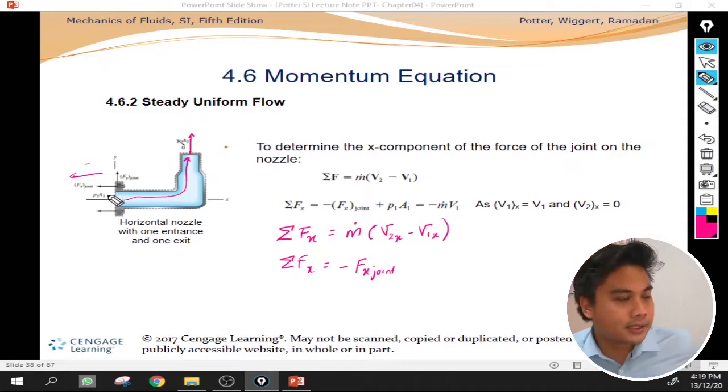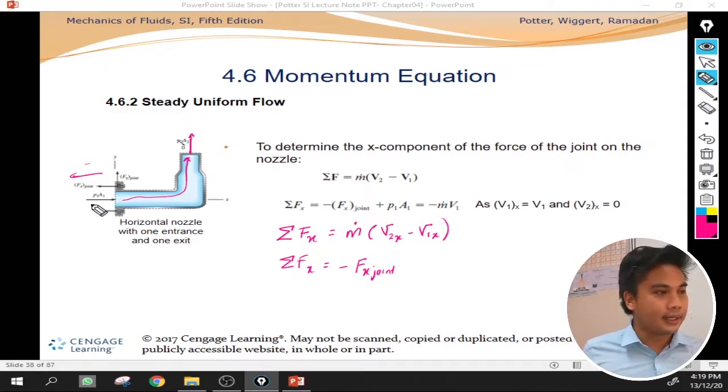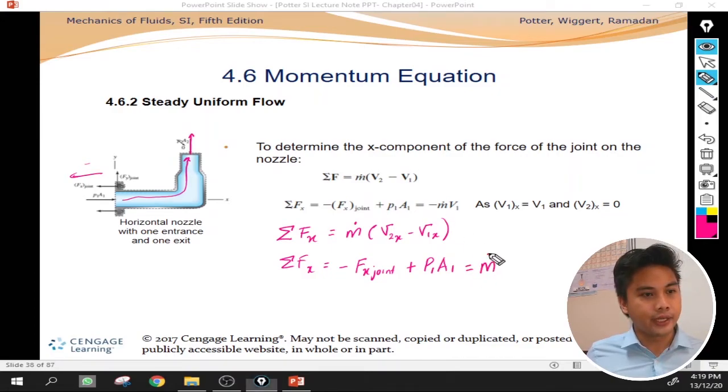This force is basically going to the right, so going to the right is plus P1A1, equal to the mass flow rate times V2.